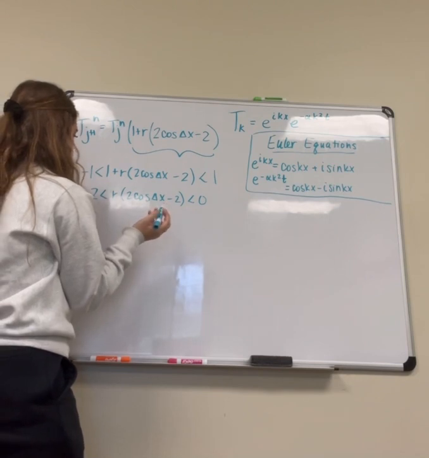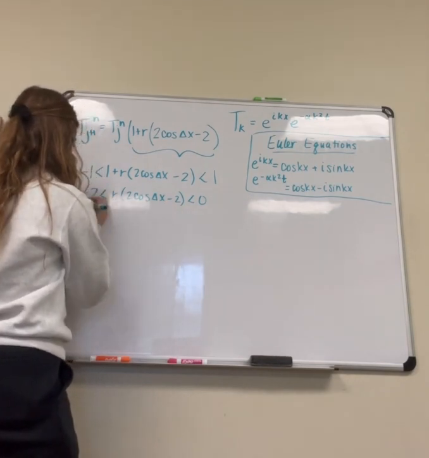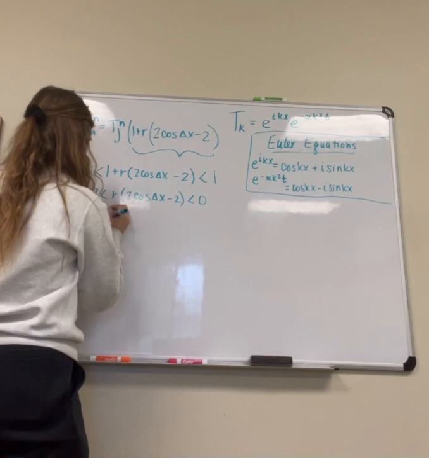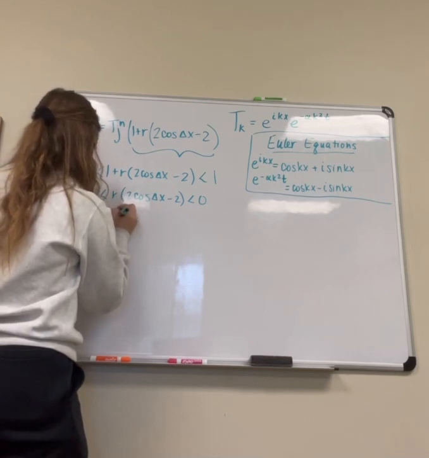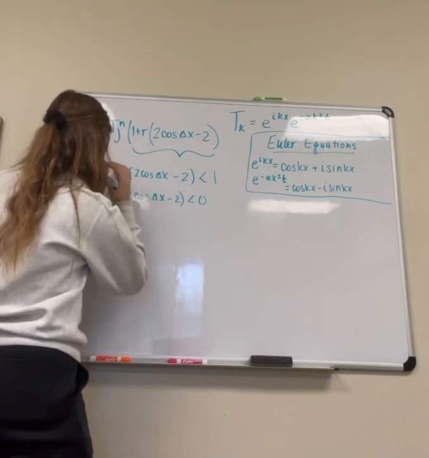And so then we can also pull out 2 and have -1 r.